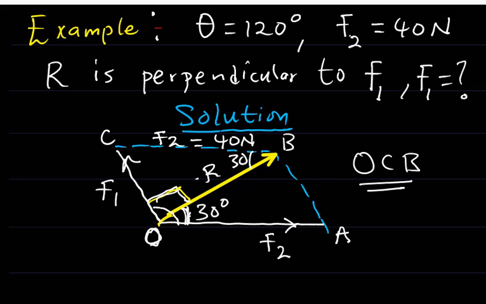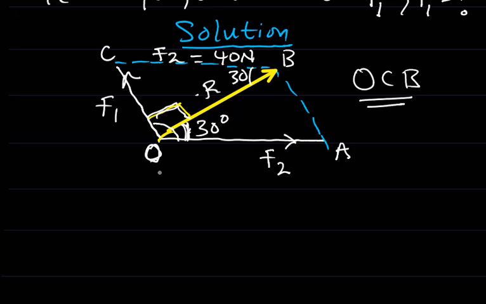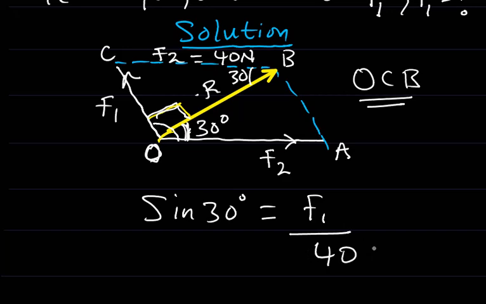If it is a right angle triangle, we can apply trigonometrical ratio. So what is the ratio? The angle is 30 degrees, the side opposite the angle is F1, and the hypotenuse F2 is equal to 40 Newton. So we're going to use sine. Sine 30 degrees is opposite F1, which is what you're looking for, divided by the hypotenuse, which is 40.